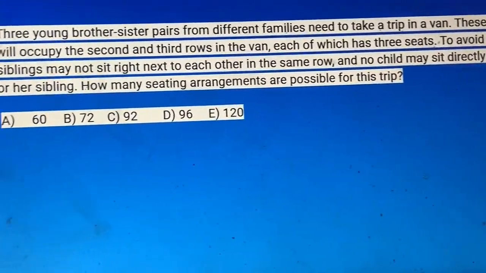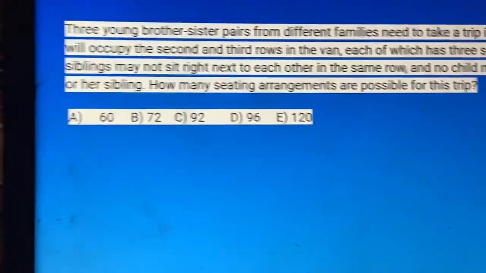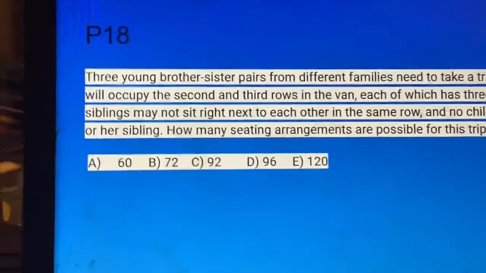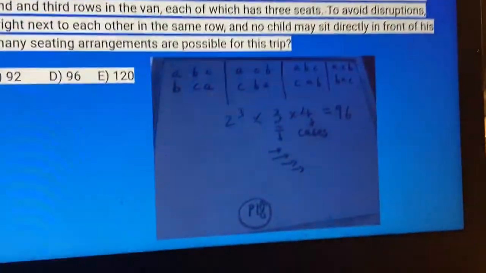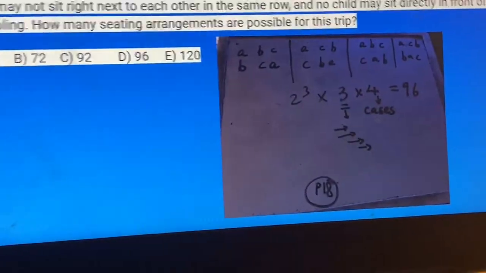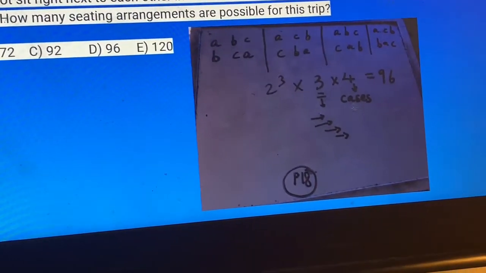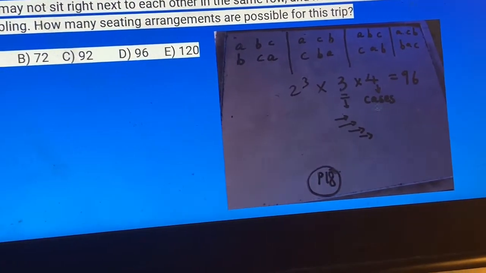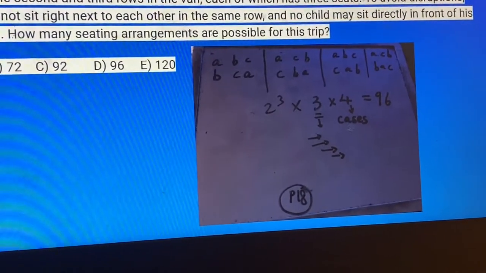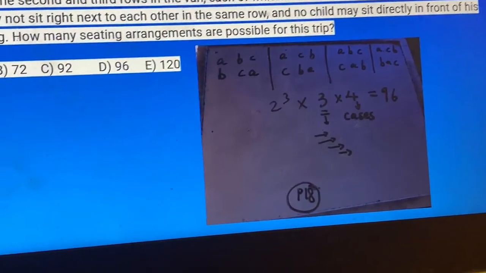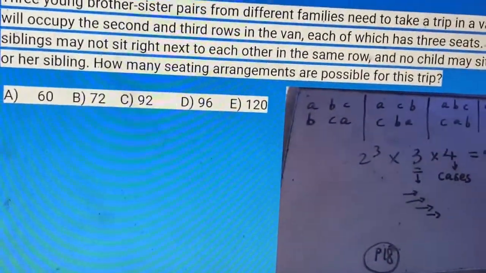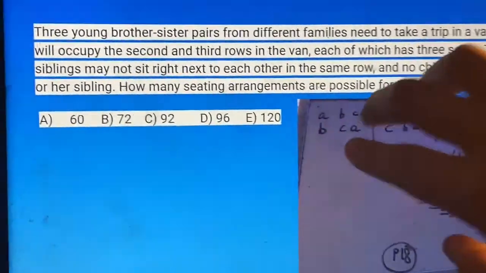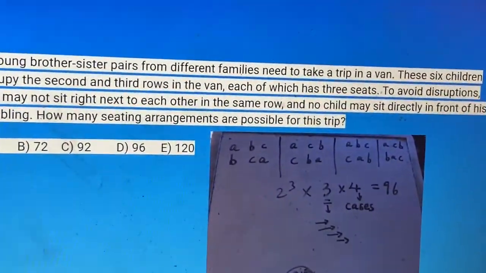We set the first pair as AA, the second pair as BB, and the third pair as CC. There are 4 cases: ABC BCA, ACB CBA, ABC CBA, ACB BAC. We know that AA can switch because they are two different persons, and BB can switch, CC can switch, so we have 2 to the power of 3.